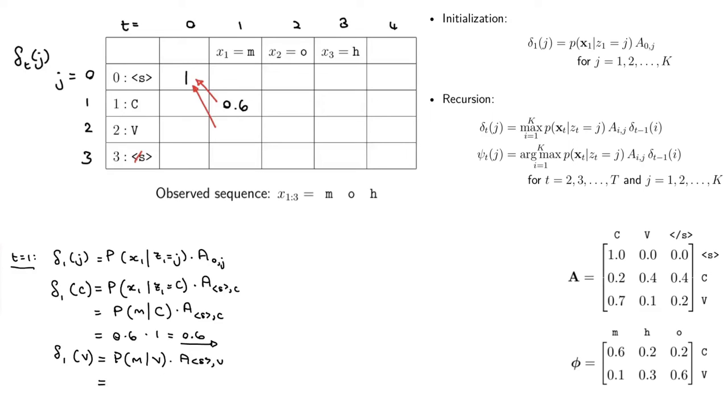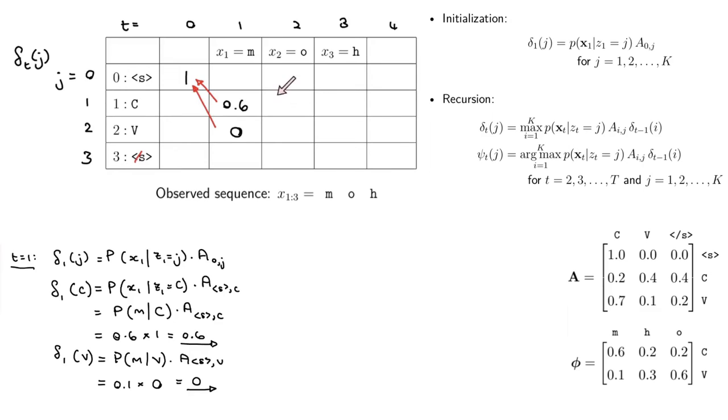What is the probability of M given that I'm in a val? 0.1 is correct. 0.1 times, okay? And then the transition probability from the start of sequence to a val, what's that? 0. Perfect. So we've got a 0. And we can fill in a 0 at that point. Super boring, okay? We'll look at a slightly more interesting one now.